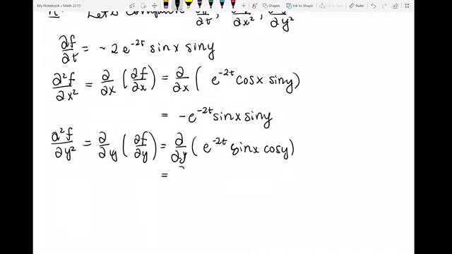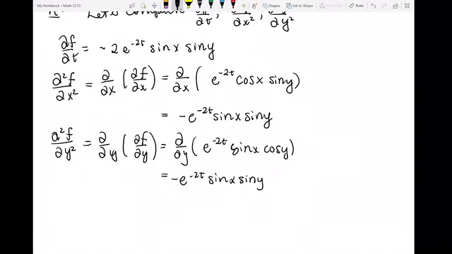Now I take the derivative of this with respect to y, and that is going to be e to the minus 2t sine of x. Cosine goes to a minus sine, so that will be sine of y with a negative out front.